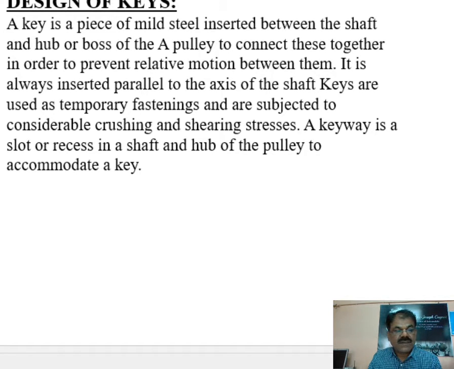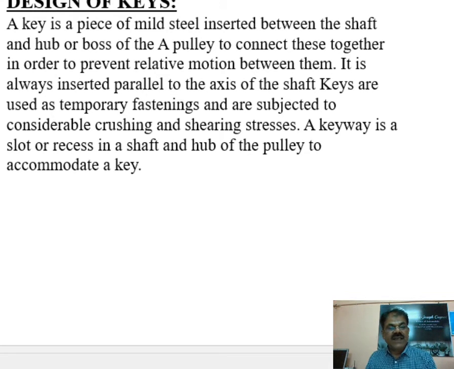It is always inserted parallel to the axis of the shaft. Keys are used as temporary fastenings and are subjected to considerable crushing and shearing stresses. A keyway is a slot or recess in the shaft and hub of the pulley to accommodate a key.